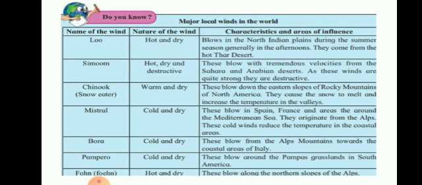Chinook, warm and dry. Mistral, cold and dry. Bora, cold and dry. Pampero, cold and dry. Foehn, hot and dry. Where they are found, the characteristics and areas are given. Read this table in detail.